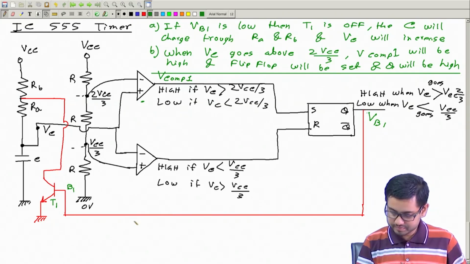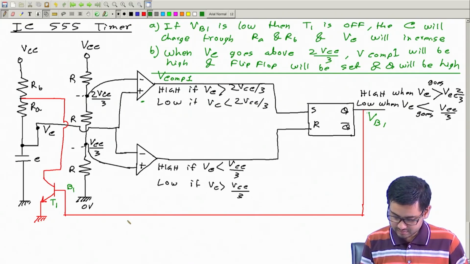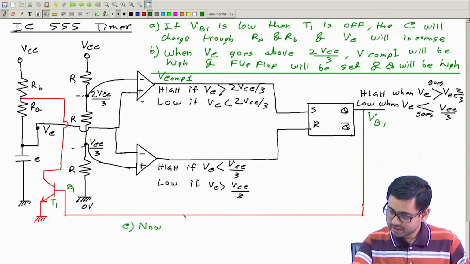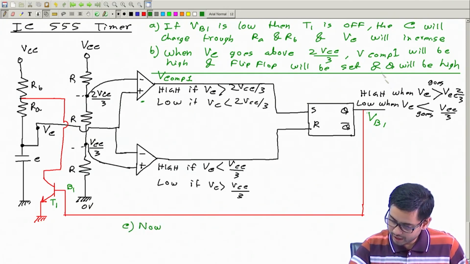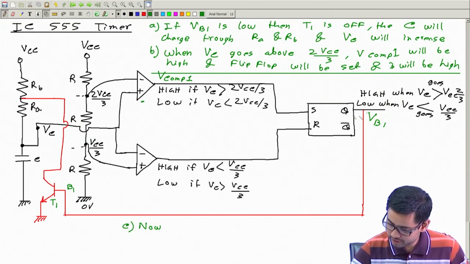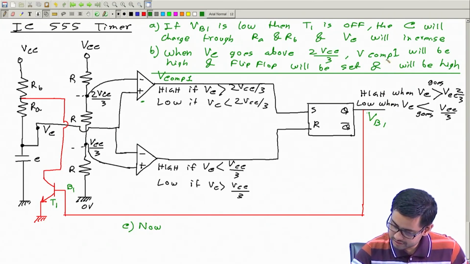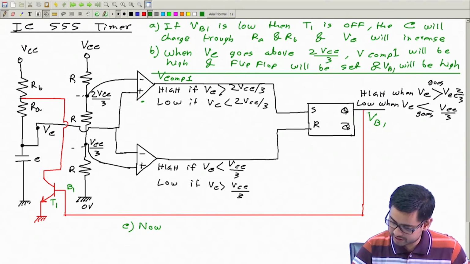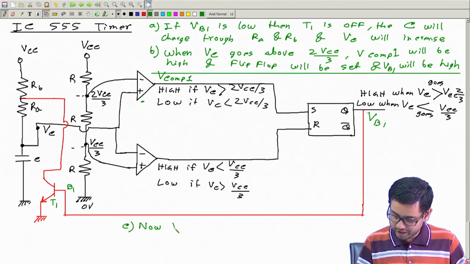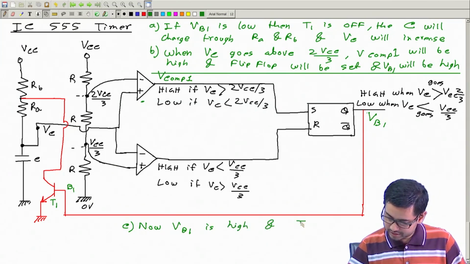And then what will happen? Now Q, I mean the output VB1, because this is the same thing. Now, VB1 is high. So T1 is on.